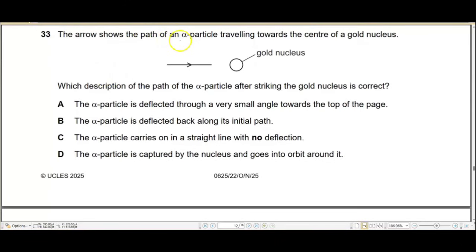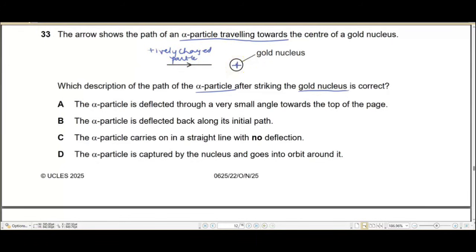The arrow shows the path of an alpha particle traveling towards the center of the gold nucleus. Which description of the path of the alpha particle after striking the gold nucleus is correct? Now we should know that an alpha particle is a positively charged particle, and it is moving towards the center of the gold nucleus.